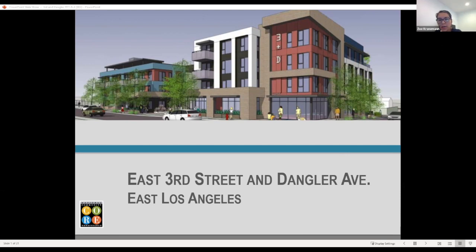Yeah, so the way it works is that these are people that are already signed up with the Department of Health, and they are receiving services, and they're ready to be placed into housing. I myself am not a homeless service provider expert, but we do provide this kind of integrated housing in other properties.